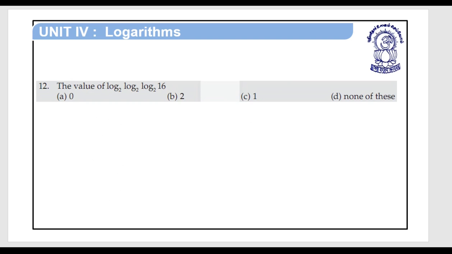Next question. The value of log log 16 to the base 2, to the base 2. Here base is 2, so convert 16 in the form of 2. 2 2s are 4, 2 4s are 8, 2 8s are 16. We can write 2 raised to 4 instead of 16.